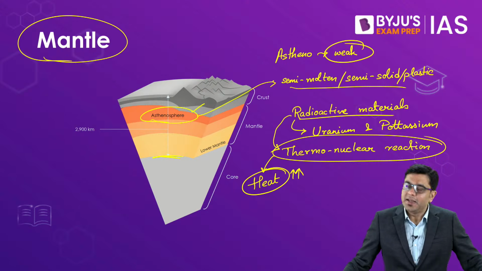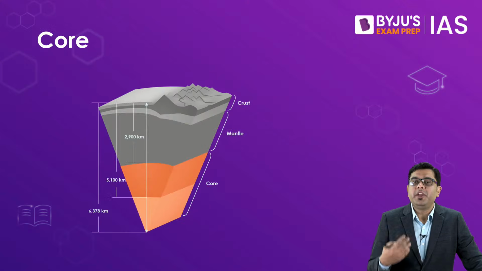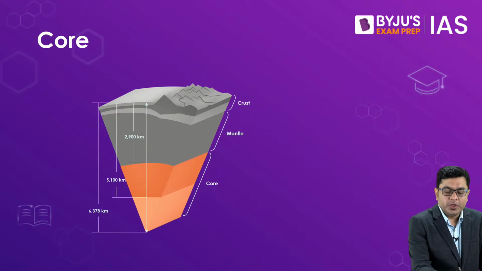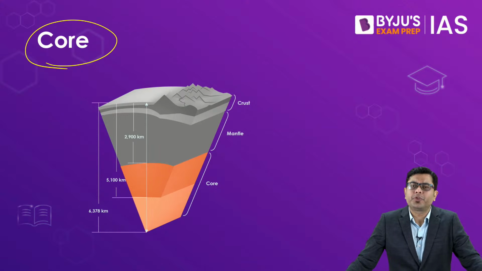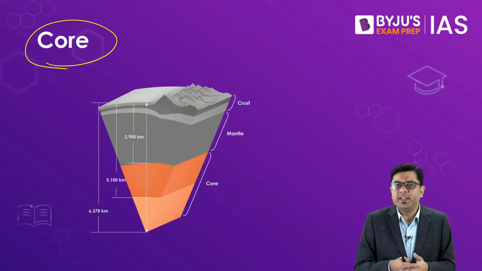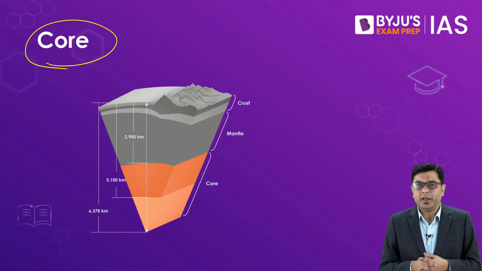Okay? Now, as we go to a greater depth, we come across the innermost portion that is referred to as the core. Even in this core, we know that the temperature is very high, but there is no homogeneity. You have the outer core and the inner core.